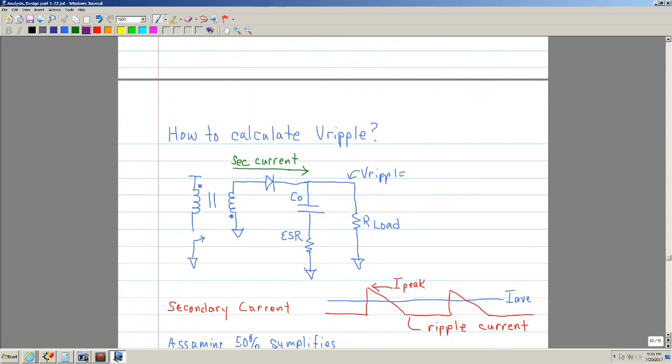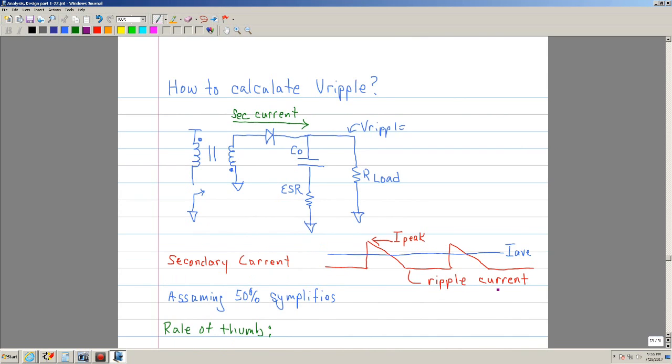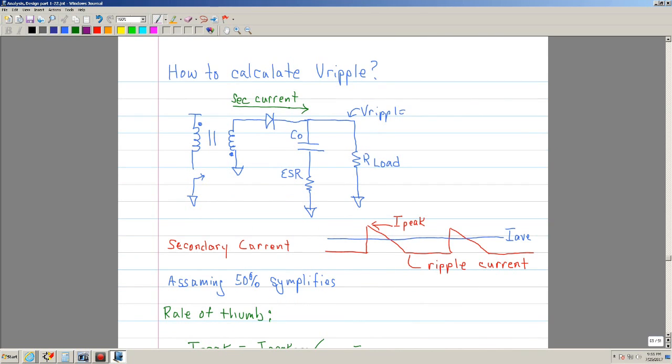Okay, so how do you calculate the ripple? This is kind of like a back of the envelope or rule of thumb. Basically this is your flyback. On the primary, the current will look like this, and that will be going through here. This typically happens when the MOSFET is on, and let me say that this is I pri.